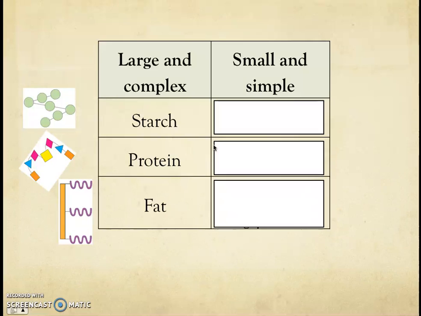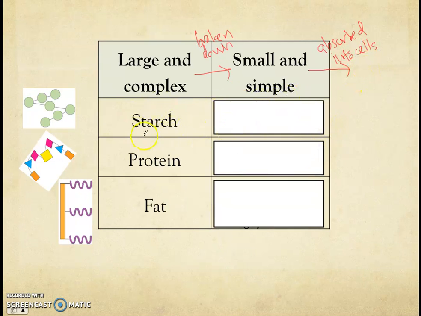Alright, just some further examples for us. Large and complex food molecules need to be broken down to small and simple food molecules, which can then be absorbed into our body's cells, so that it's useful to our cells.